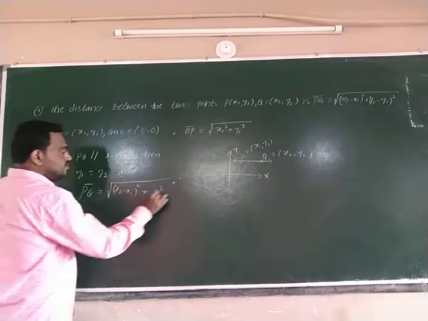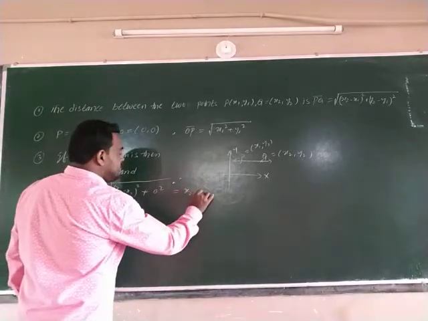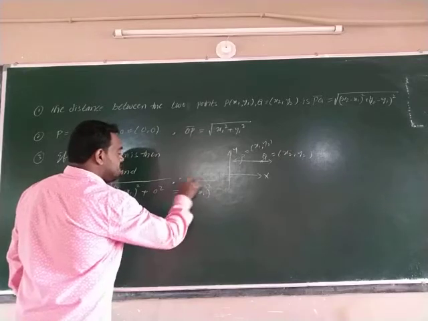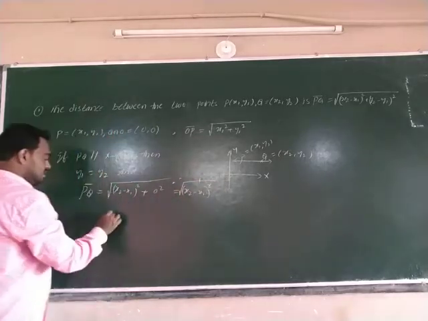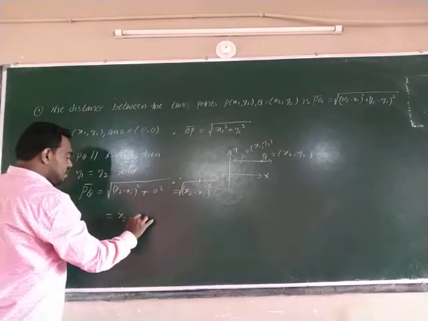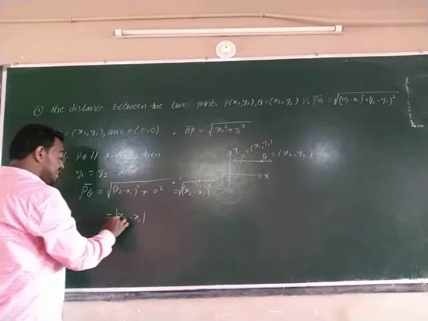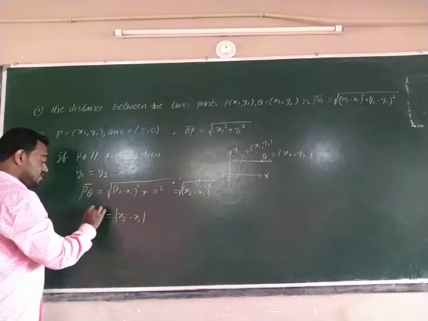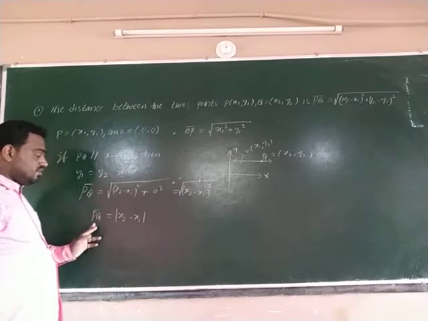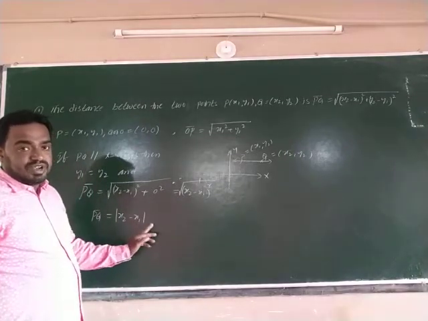What are we getting? Under root of (x2 minus x1) whole square. The square root, you can say, is equal to modulus of x2 minus x1, because distance is always positive, so this is equal to x2 minus x1.